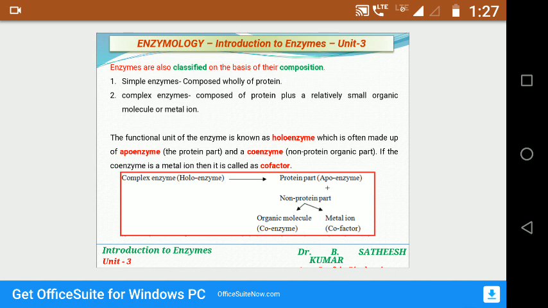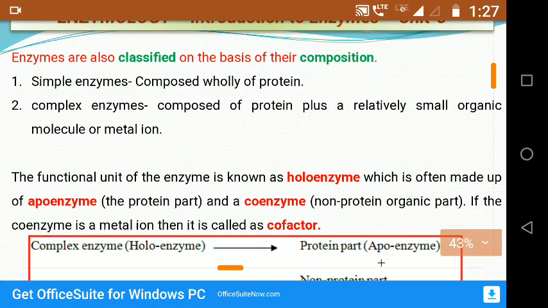Based on the composition of enzyme, we have two different types of enzymes. Composition means what enzymes are made of. Enzymes are nothing but proteins in most of the cases, except ribozymes. Proteins have a sequence of amino acids that folds upon itself, and a lot of interaction takes place between those amino acids, and it forms a globular shaped molecule.